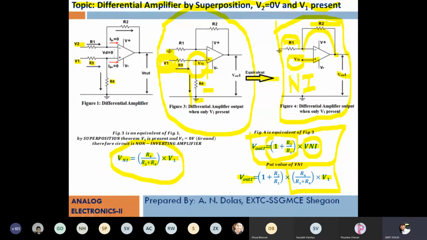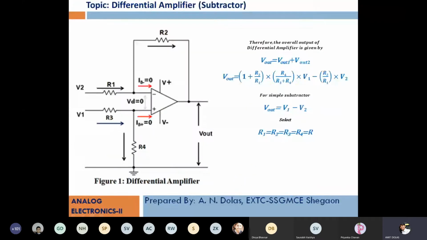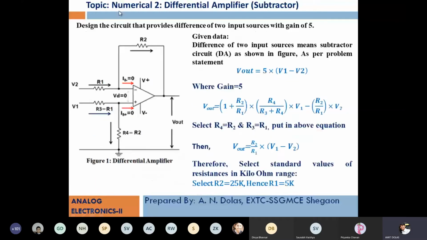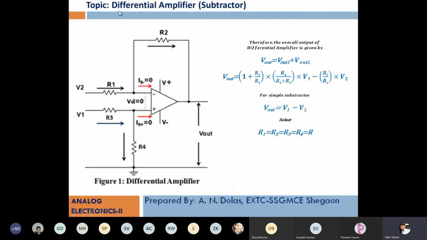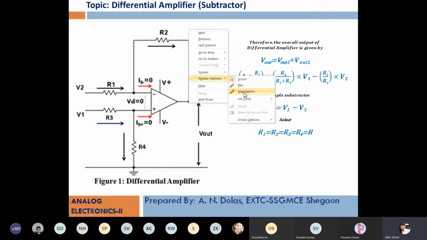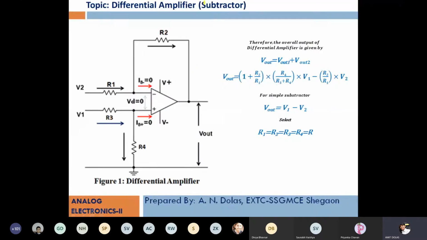So you can see here the differential amplifier as a subtractor. Therefore, the overall output of the differential amplifier is given by Vout equal to the effect of V1, that is Vout1, plus the effect of V2, that is Vout2.